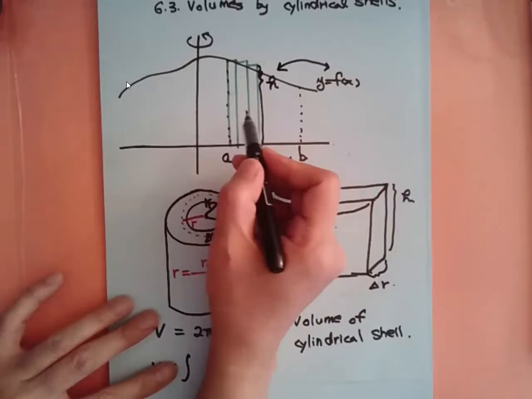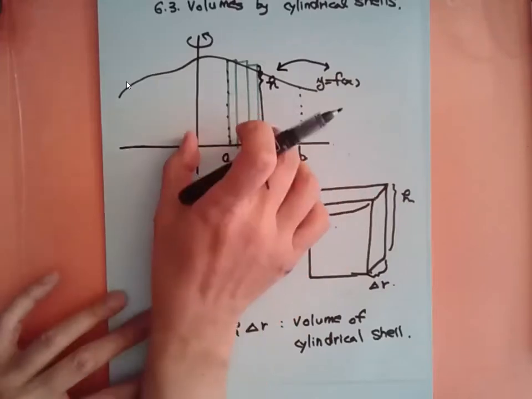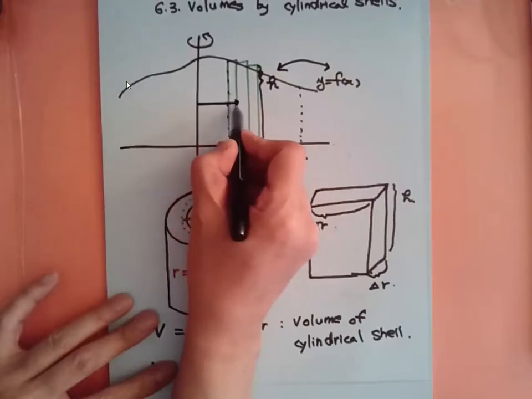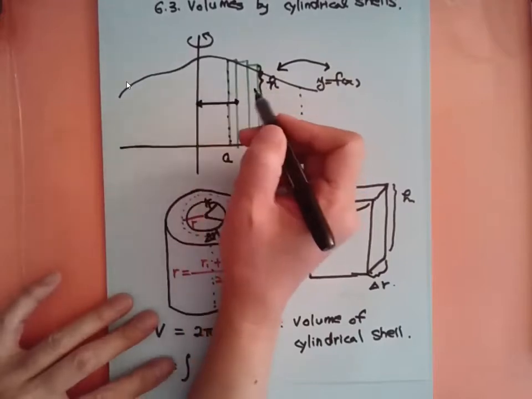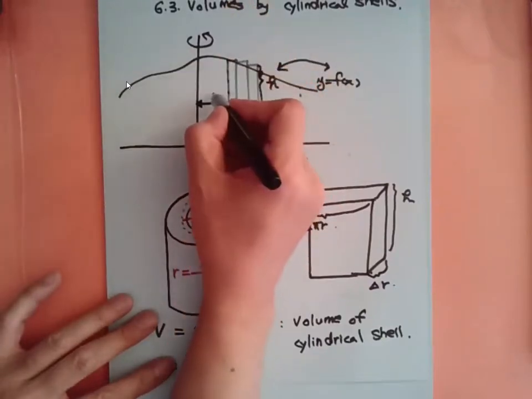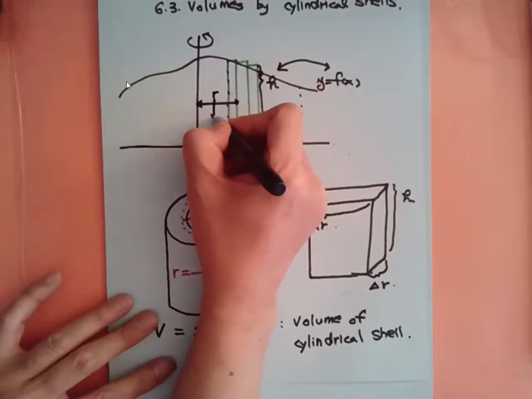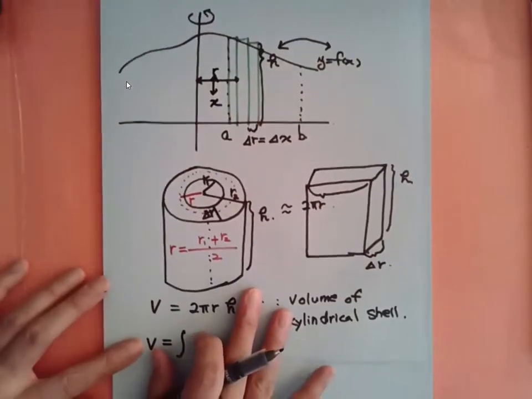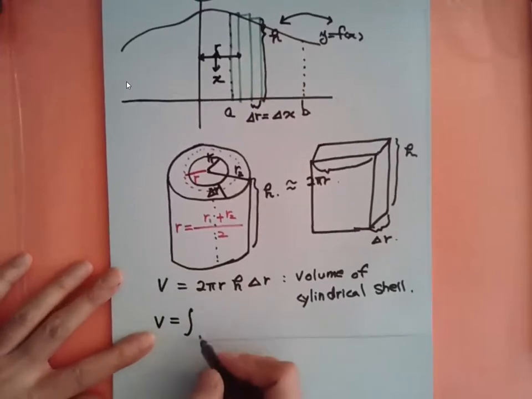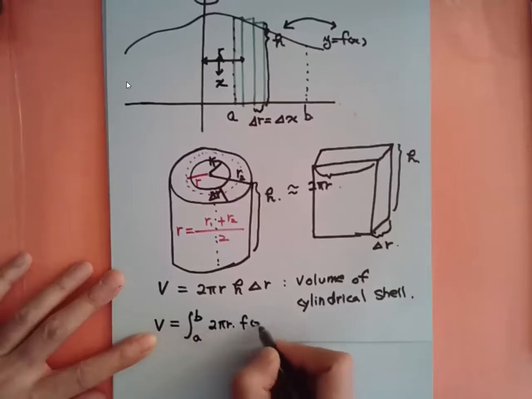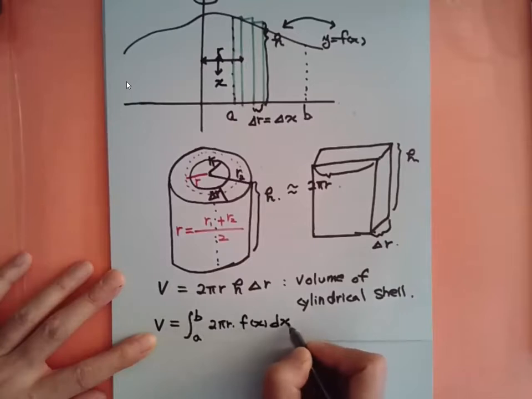And the r, in this case, if we are thinking about this graph, is just the distance from here to here. And this thickness will be almost zero. So we just say this is r, and that corresponds to the x value, right? So the formula will be established as the integral from a to b of 2 pi r, which is the circumference, times the height, which is f of x, times the thickness of the cylinder.